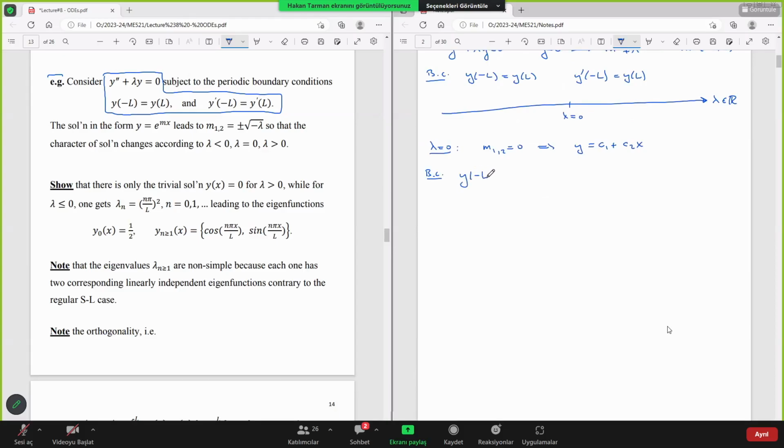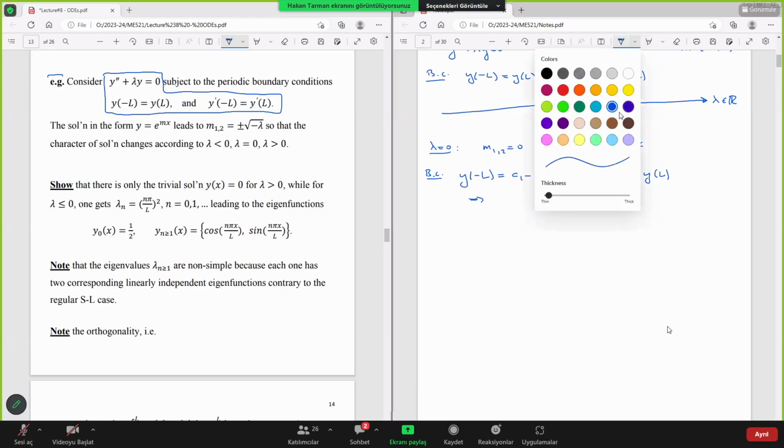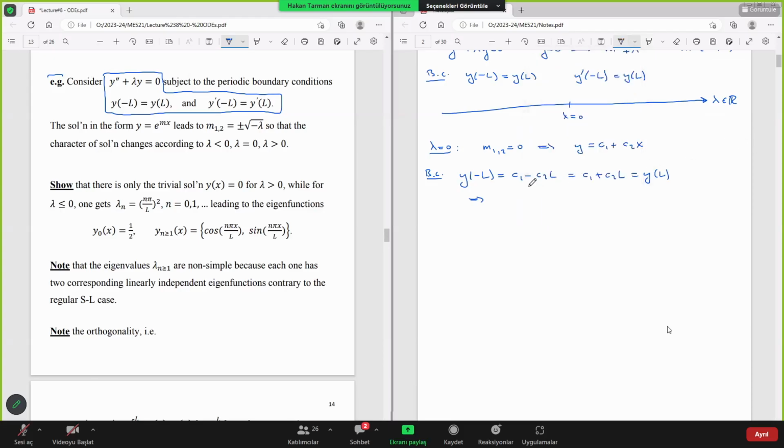y at minus L is C1 minus C2L, which is supposed to be equal to C1 plus C2L, which is actually y of L. And automatically, we get what? The C1s cancel.